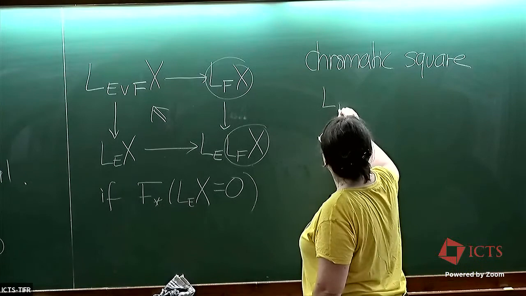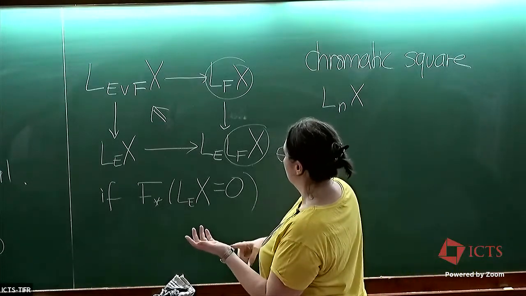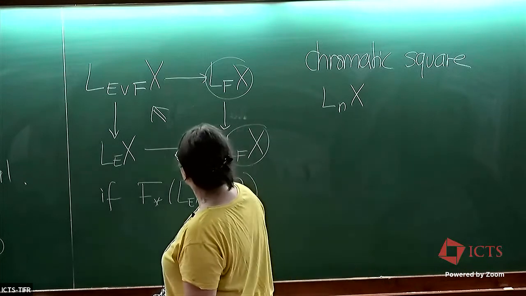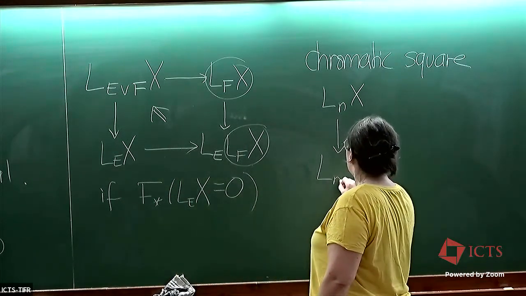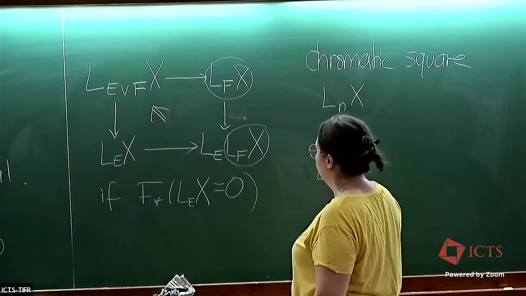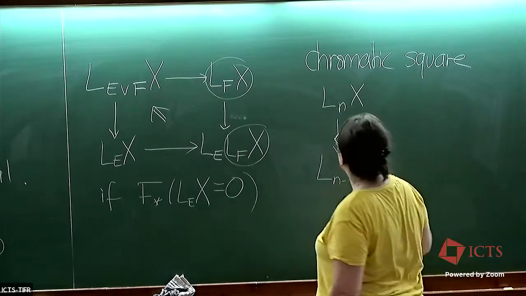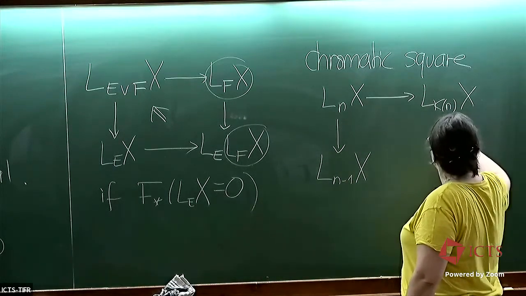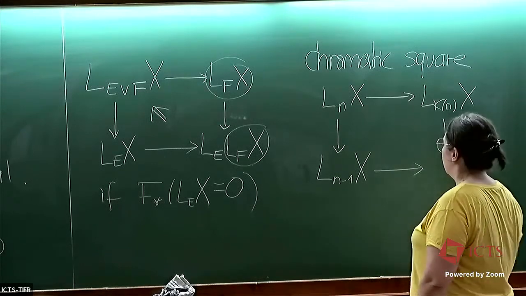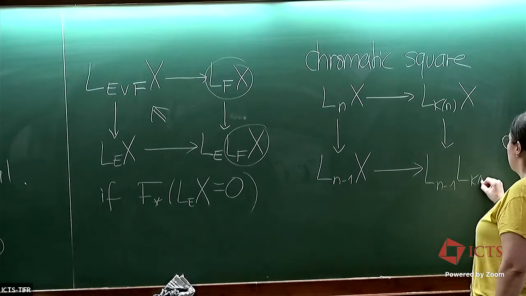So here you then get Ln of X because you pick E to be E_{n-1} and F to be K_n. And here you get the absolute horror that is L_{n-1} of L_{K_n}.